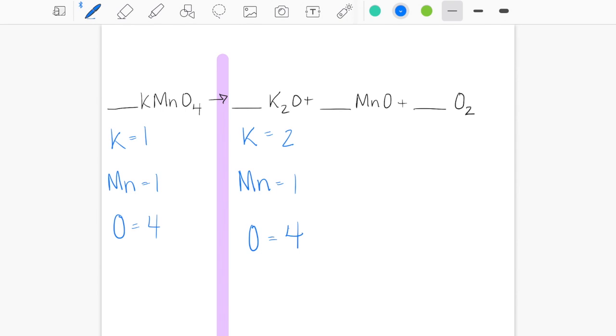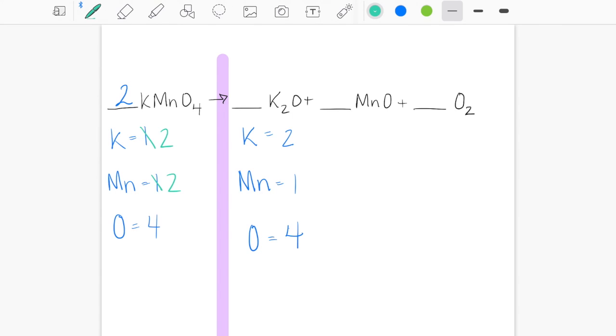So when we go to manipulate potassium, okay, we have 2 here. We need 2 here, so I'm going to use the coefficient of 2, okay? Now I need to go and recount my reactant side. So 2 times my 1 potassium will give me 2 potassium now, so they match.